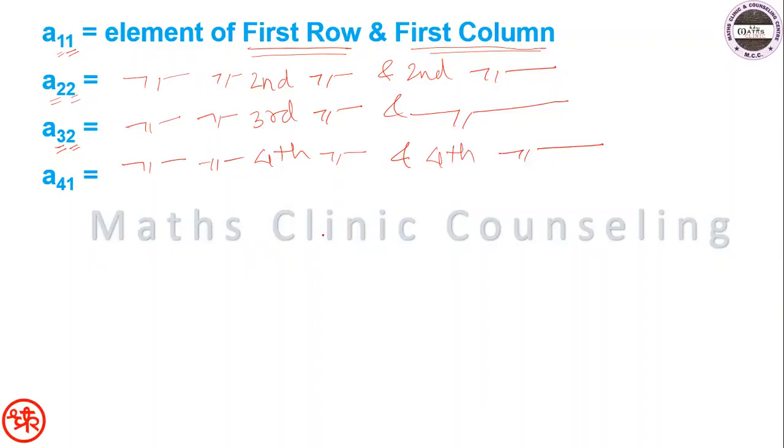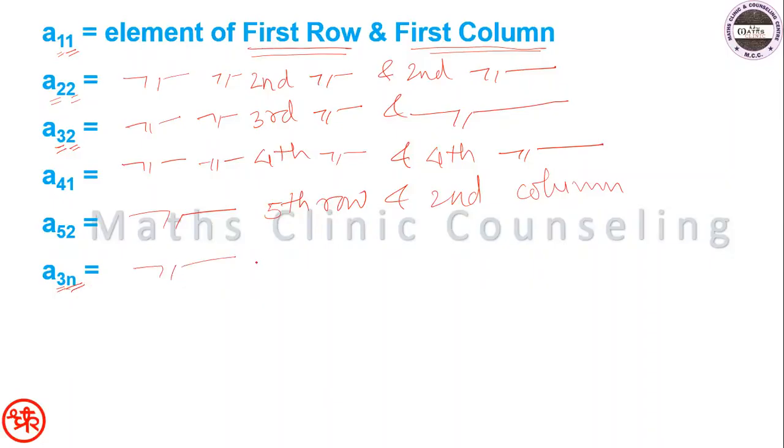Is that clear? a41. Then a52. a52 is what? Element of fifth row, and 2 means second column. Is that clear? Then a3n. Now tell me, first digit 3 means third row, last digit n means nth column, means element of third row and nth column.